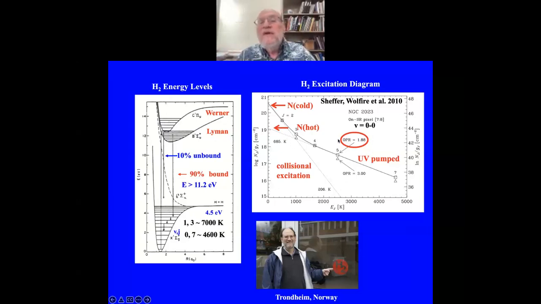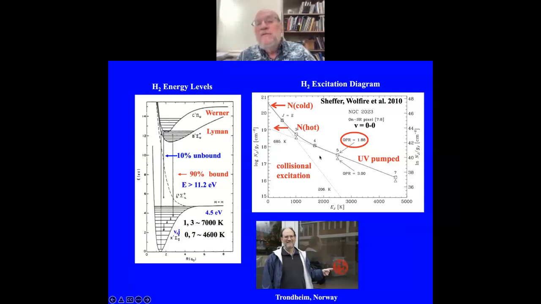But one way to sort these out is by making H2 excitation diagrams, which also Mark will show you how to do. This is a plot of the column density in a level, which you get directly from observations, divided by the statistical weight as a function of the energy of that level above ground. So the lower levels are collisional, the upper levels are UV pumped. If you plot a line through these lower levels, you get an estimate of the gas kinetic temperature.